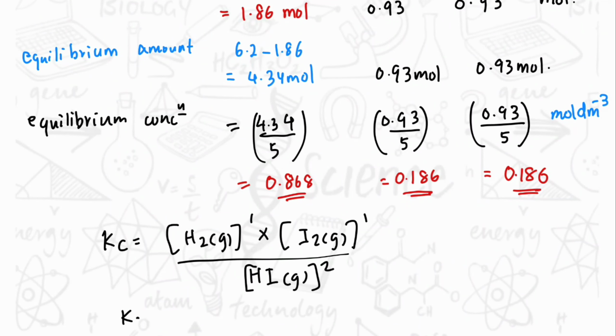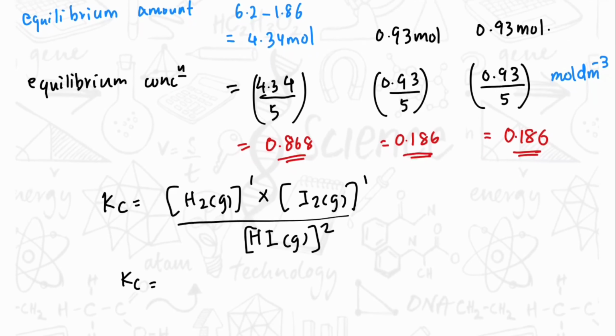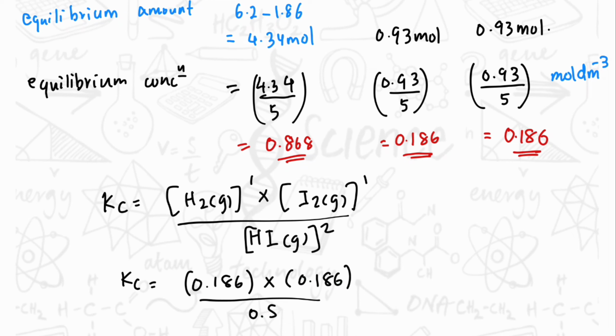Therefore, if we substitute these values, it should be 0.186 times 0.186 divided by 0.868 to the power 2, and then the units will be, in the numerator we have 1 plus 1, minus 2.